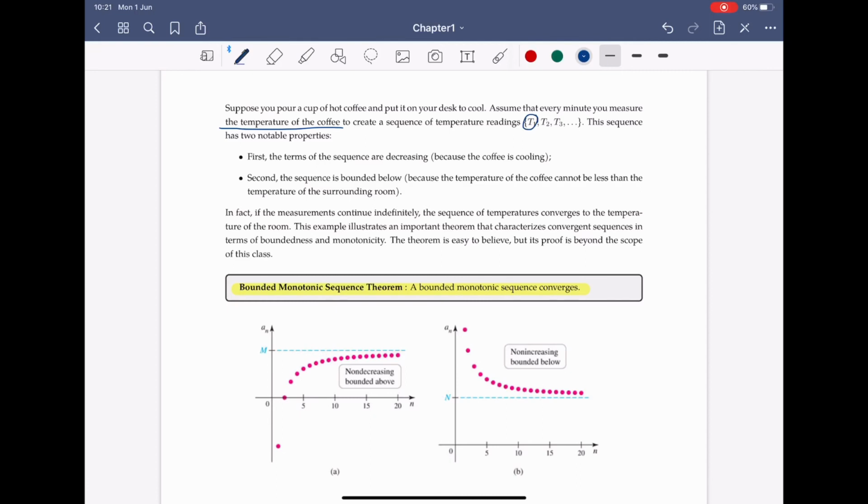The temperature is going to cool down over time, and then at some point, when n goes to infinity, the temperature of the coffee is going to be stable, and that's it. That means the temperature is convergent. We are not going to test you a lot on this, but it is fun to read. Just keep in mind that a theorem like this exists in the real world too.